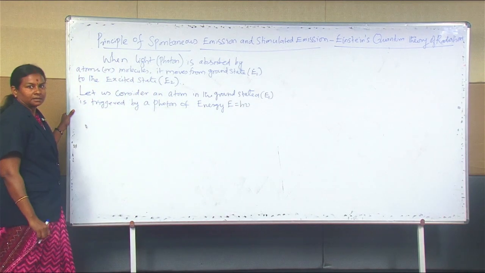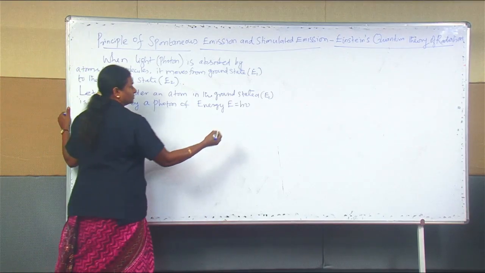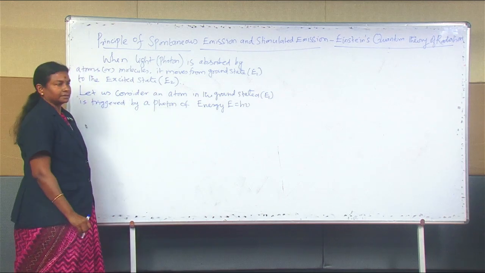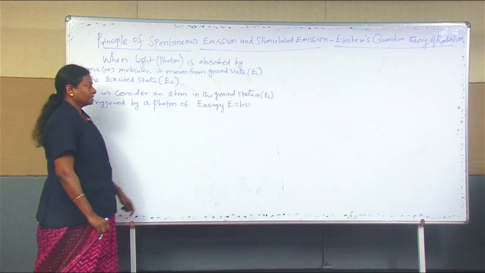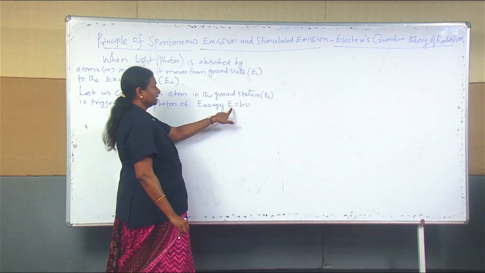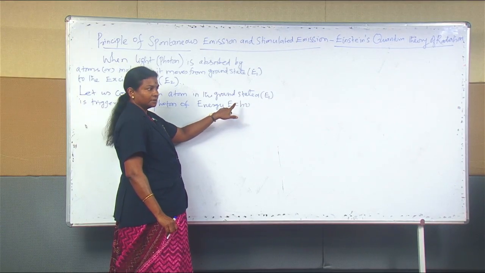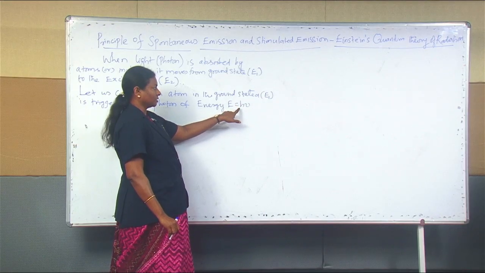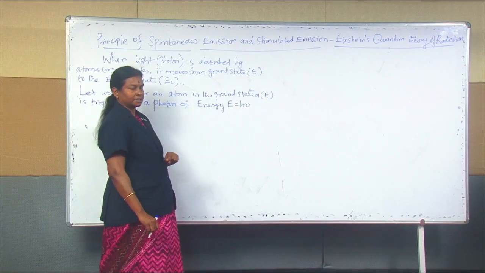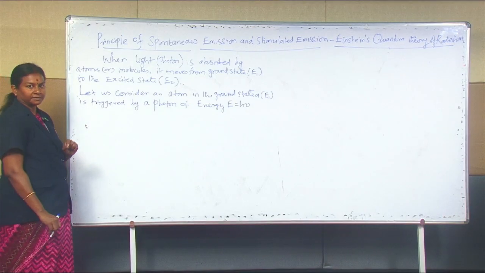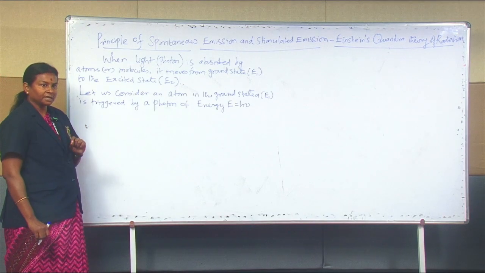This energy is equivalent to the frequency of the incident radiation, and h is the Planck's constant. Here E is directly proportional to the frequency, and in order to remove the proportionality sign, a constant is introduced. That constant is taken as h. h is the Planck's constant, nu is the frequency of the incident radiation, and E is the energy.